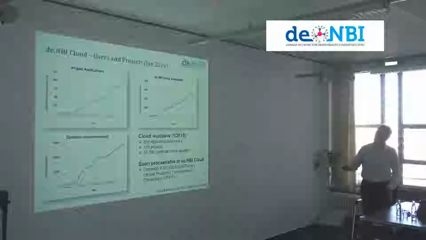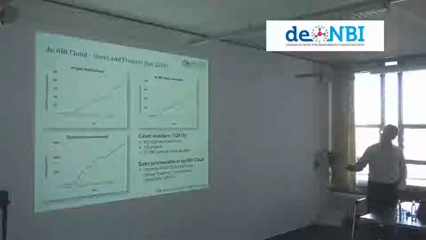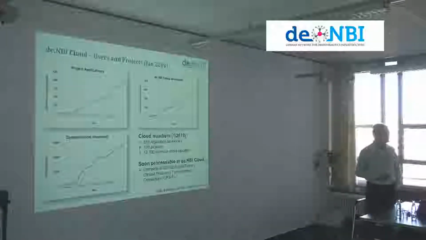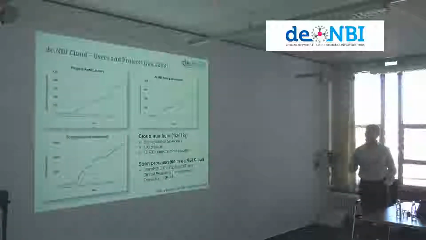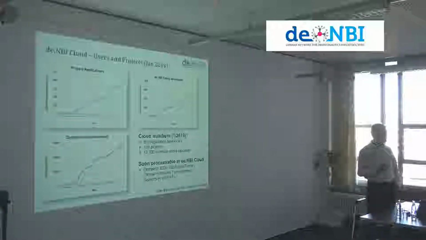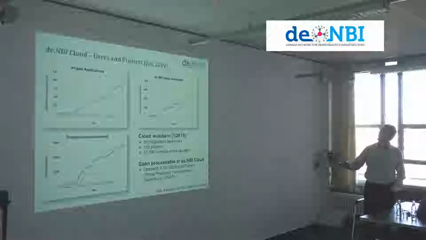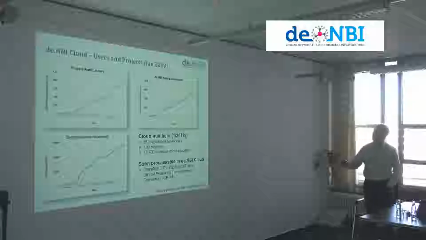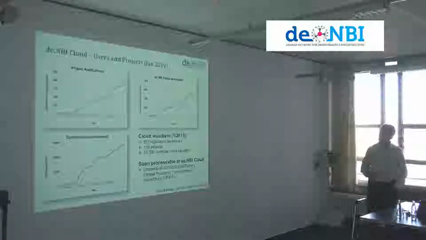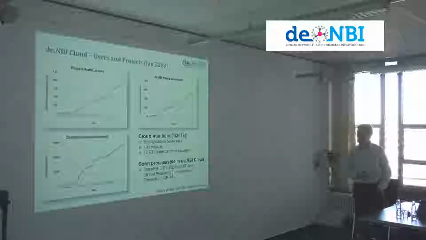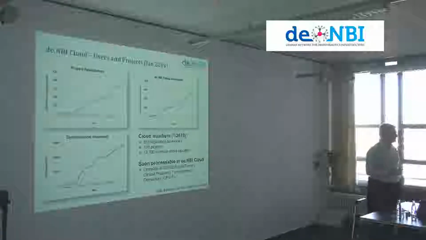These are the numbers of project applications since the official start of the cloud. So that was end of 2017 when we started making this publicly available. And as you can see, it's really nice that more and more people are using it. So we have about 100 project applications or projects on the cloud now. There are more than 300 developers in the cloud, and there are over 13,000 cores already allocated for these different projects.